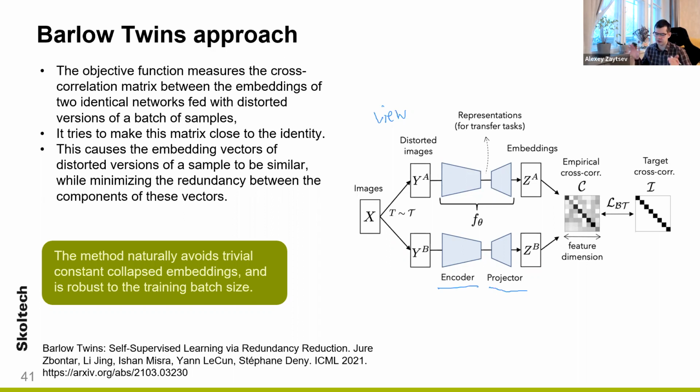So we try to disentangle embeddings in this projection space. We want these features not to correlate if you have different versions of the same image, different views, different embeddings.